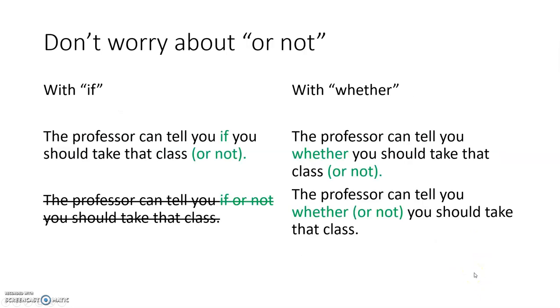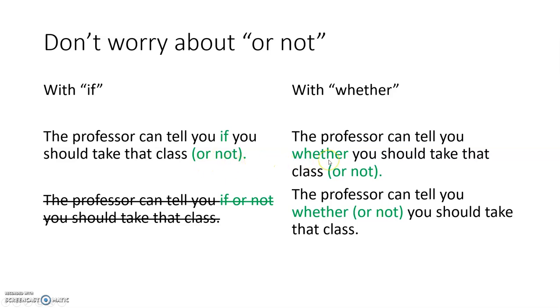Okay, if you get into the details, you learn that it's possible to add the words or not. But my advice to you is don't worry about this. Sometimes we use if, sometimes we use whether, and I'm showing you here that when you use if, you can put or not at the very end of the sentence. It's not required at all.